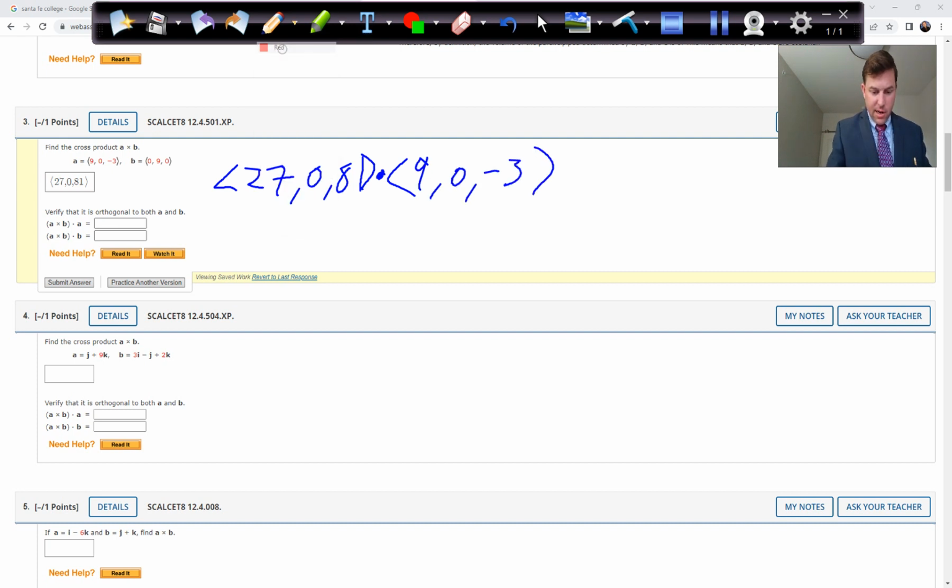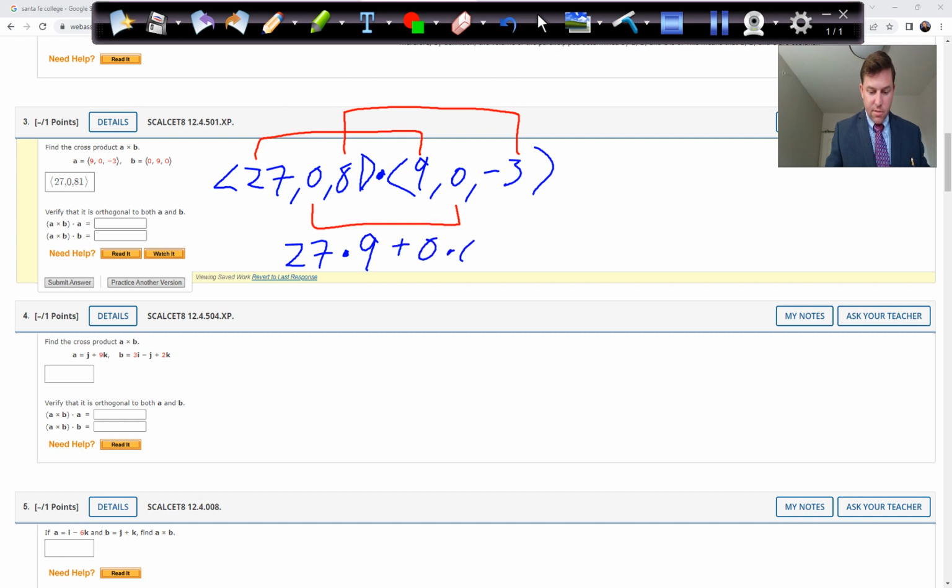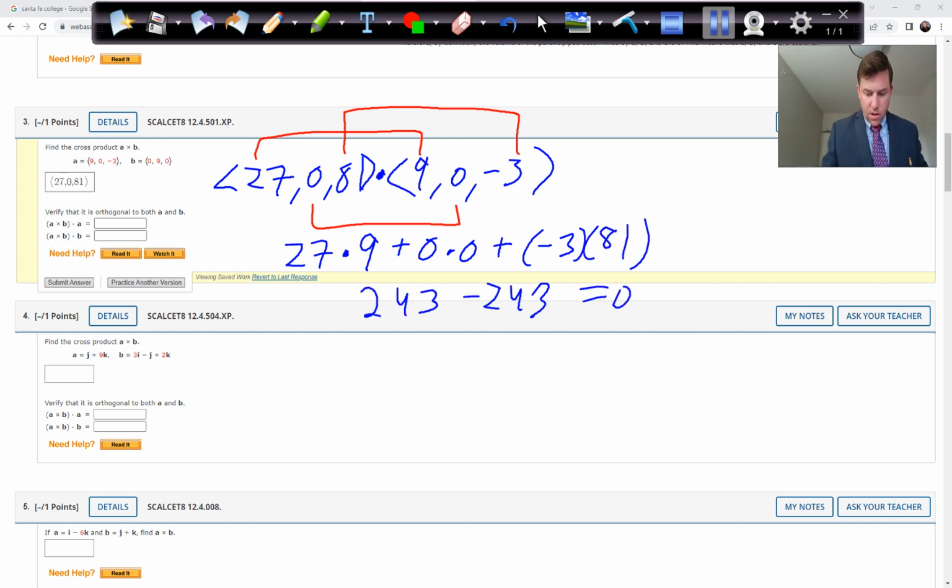Recall, dot product takes the first with the first, the second with the second, and the third with the third. So it's going to be 27 times 9 plus 0 times 0 plus negative 3 times 81. And this is going to equal 243 minus 243, which is 0.